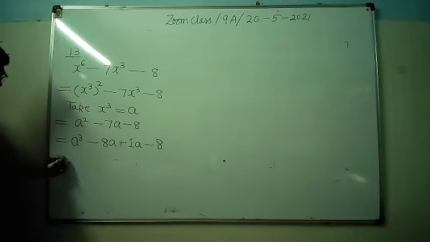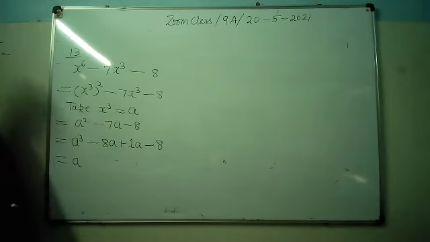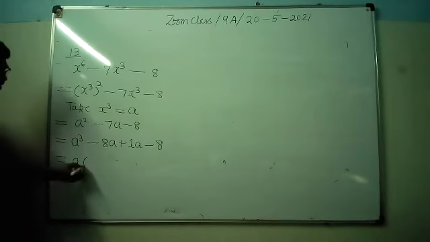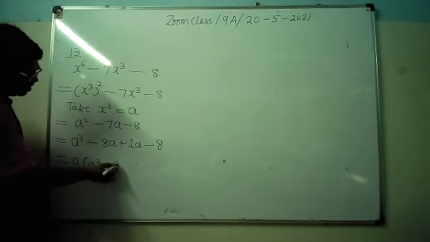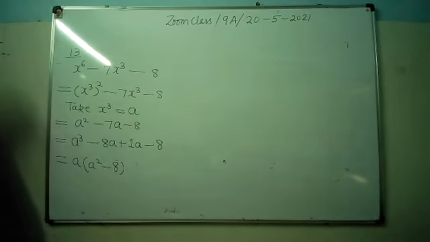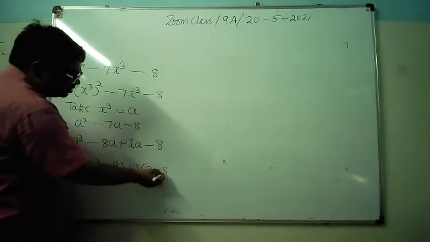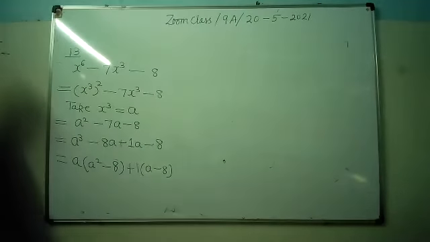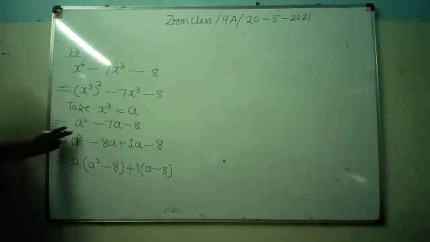What is common from the first two terms? A. So when you take out a common, what will you get? You will get a minus 8. This is clear? And here, when you take one common, a minus 8. There is some mistake somewhere. Here this is not cube.